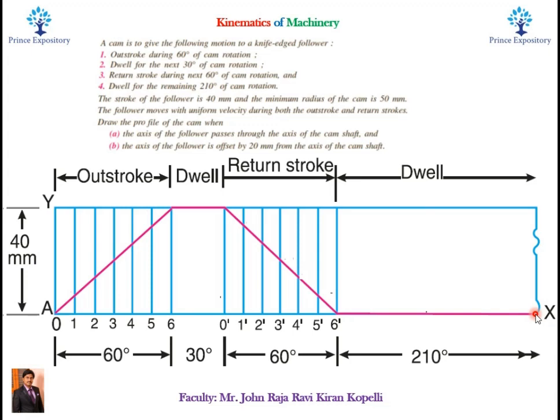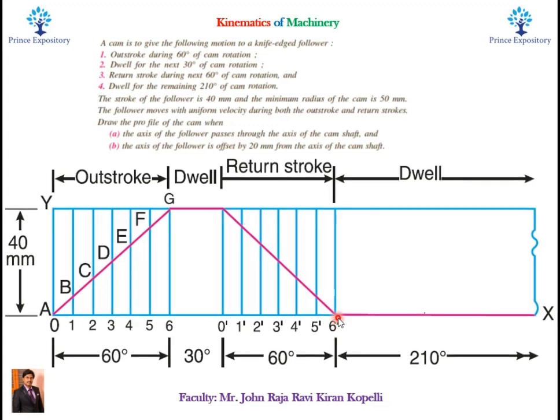Now, the pink color line intersects the divisions at various points in both the outstroke and return stroke diagram representation. We are now taking those points into consideration and we will give them alphabetical representation.